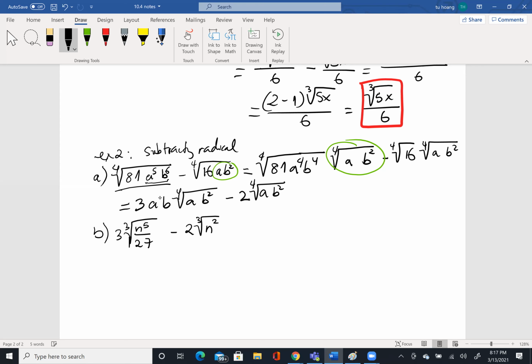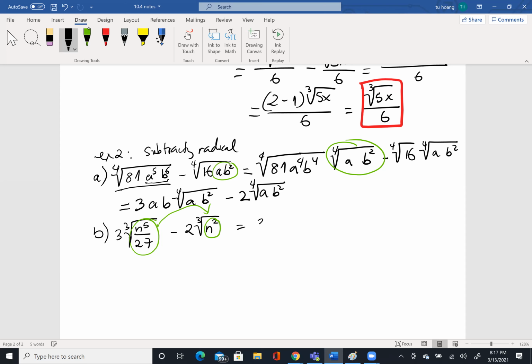So you know which one in here is the lowest power. I know that it is n squared over here, radical. So you may have to think about the way to convert this to write like radical as n squared with the root 3.